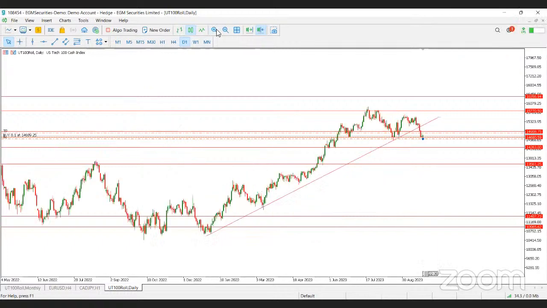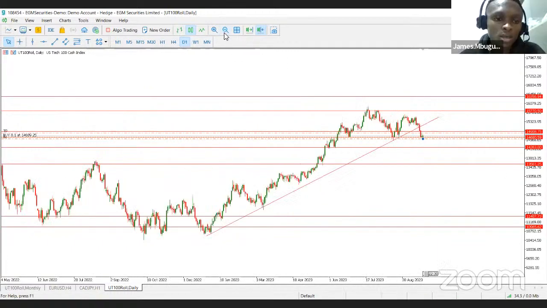Give me a second. So if you're able to see, we have been bouncing off from this trend. This was an uptrend. We did the first touch, second touch, a third touch, but when we came for the fourth touch, we went out of that channel. So that means we broke out of a certain ascending channel.